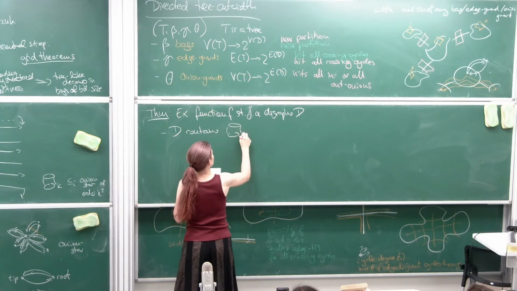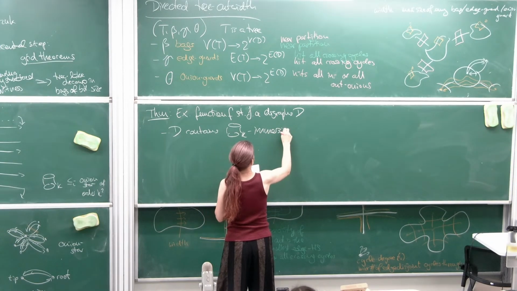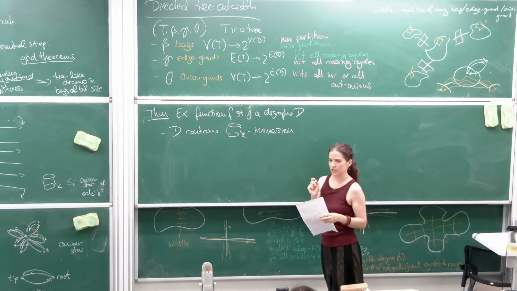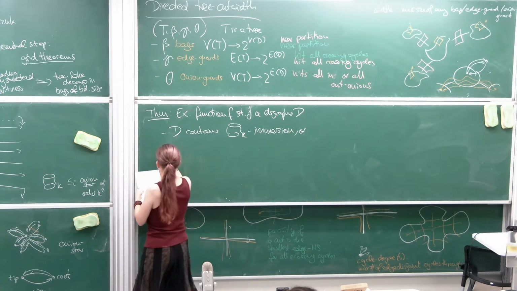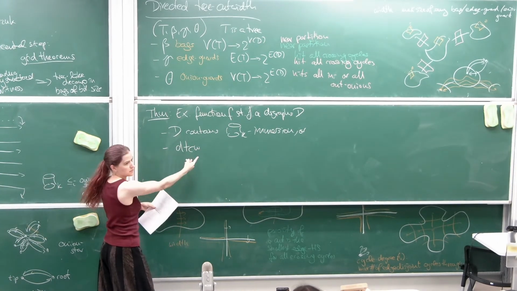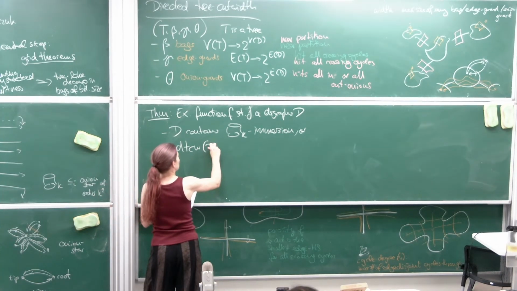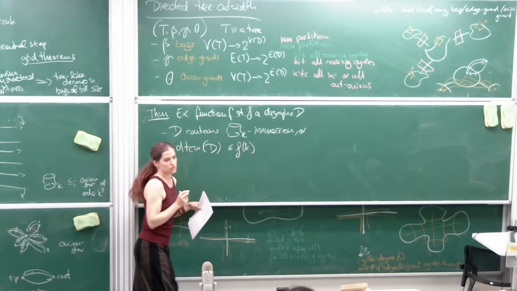So either I contain an order K cylindrical wall as an immersion, or the directed tree cut width, this is how we write this for short, is upper bounded by this function in K.